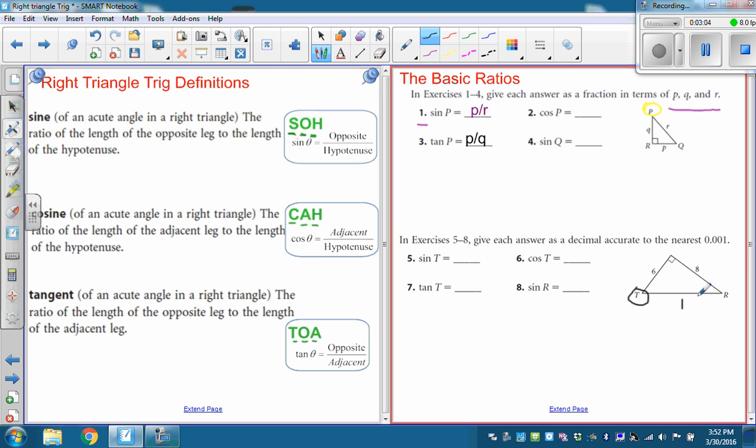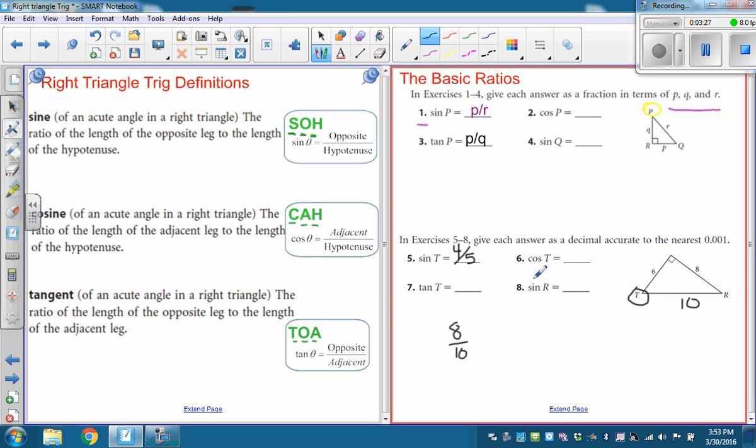So this is a 6, 8, 10. So the sine of T would be 8 over 10, but you would reduce it, and so your final answer would be 4 over 5. That's the whole problem.